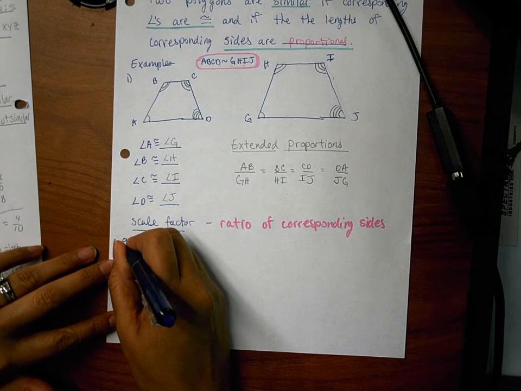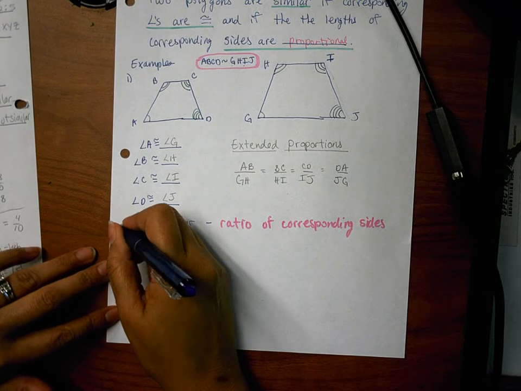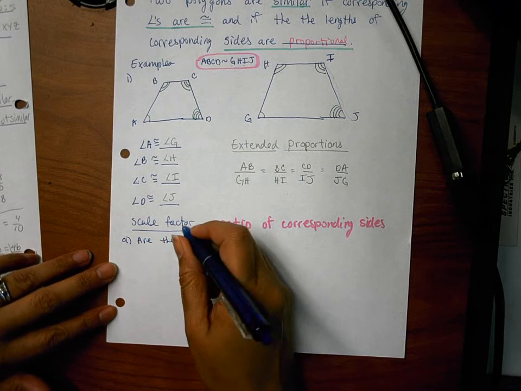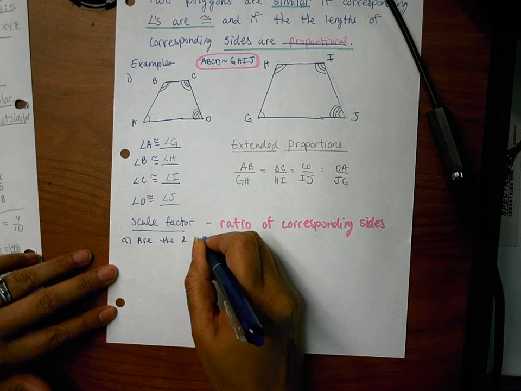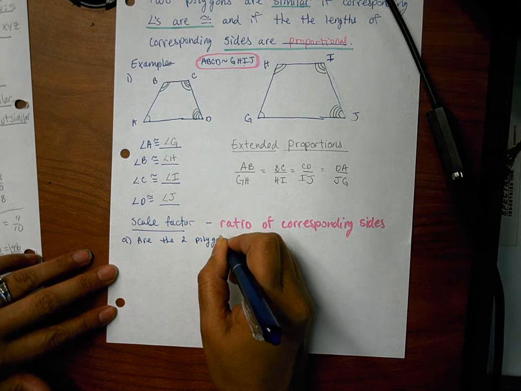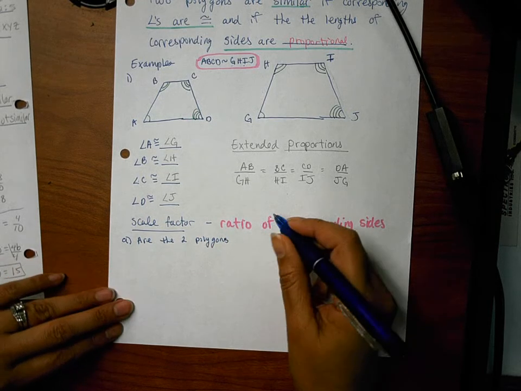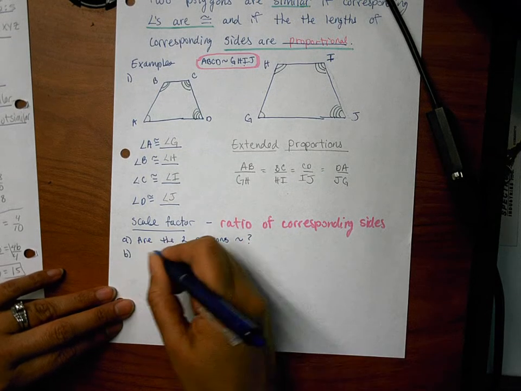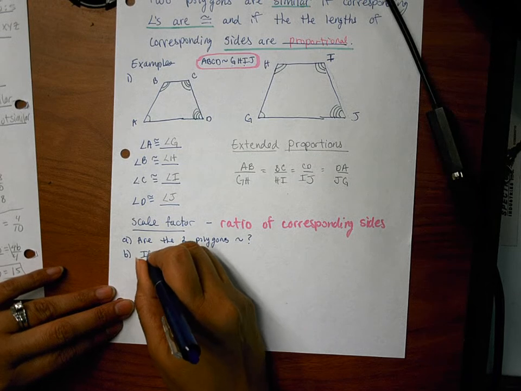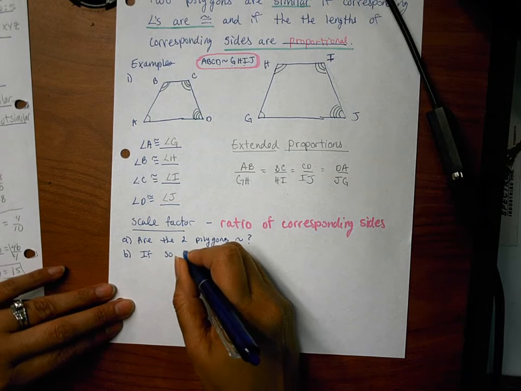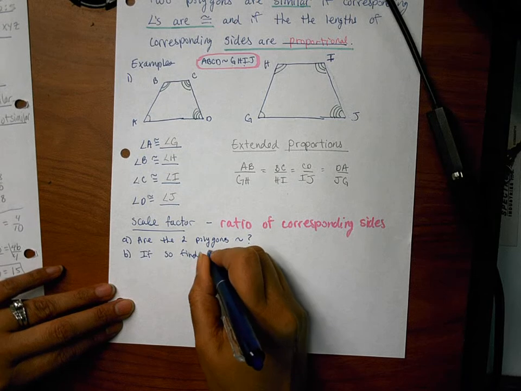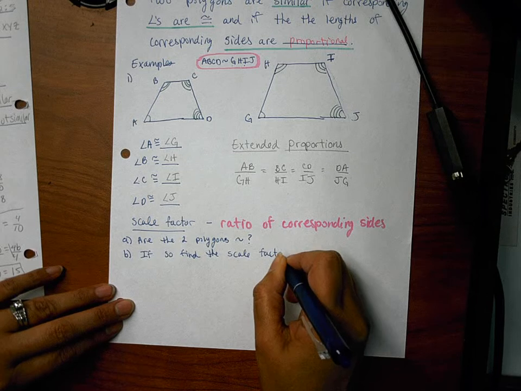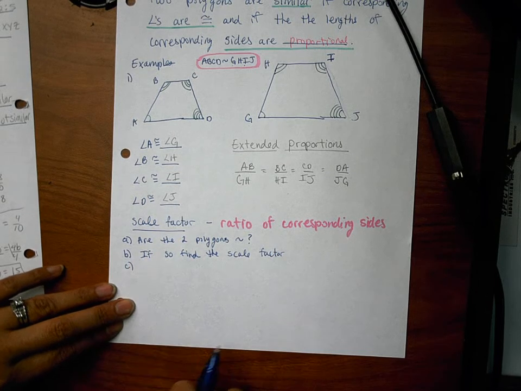Okay. Next piece, we are going to do this. Part A, are the two polygons similar? Part B, if so, find the scale factor.